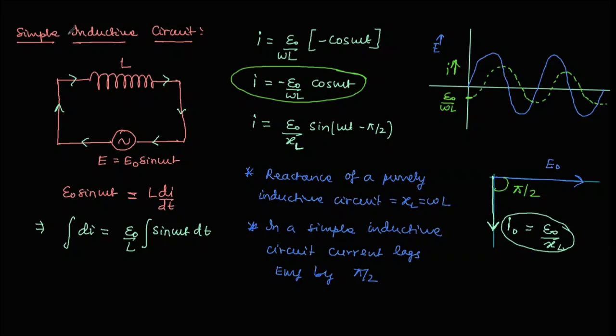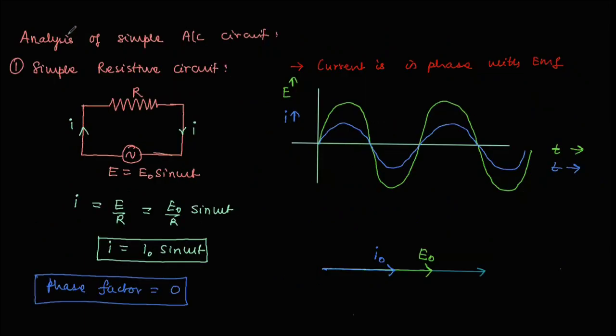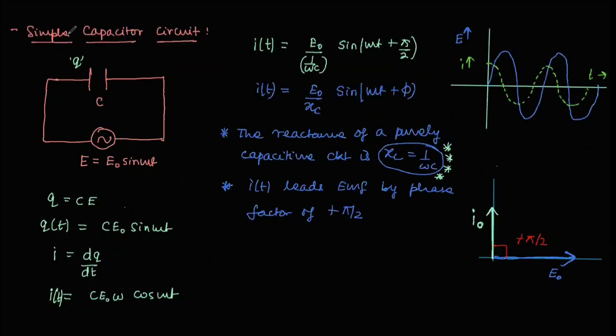So these are the three simple circuits that we have come across: simple resistive circuit, simple capacitive circuit, and simple inductive circuit. This one is a simple resistive circuit in which current and EMF are in phase with each other, and the resistance offered is equal to R. Then we came to a simple capacitive circuit in which the reactance is equal to 1 by omega C, and the current is leading EMF by a phase factor of pi by 2.